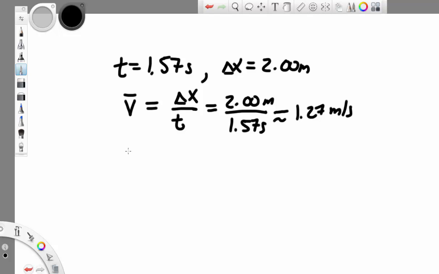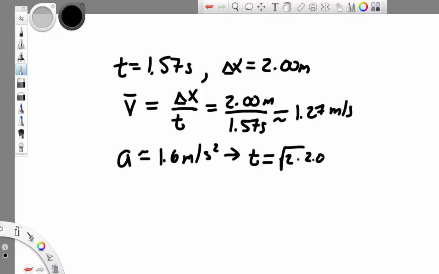So the value for the acceleration is 1.6 meters per second squared. That means that the theoretical value for the time should be square root of 2 times 2.00 meters divided by 1.6 meters per second squared.